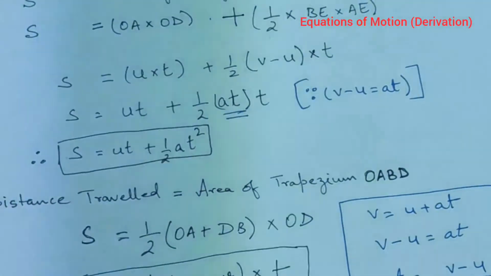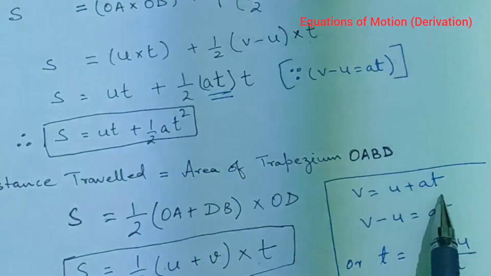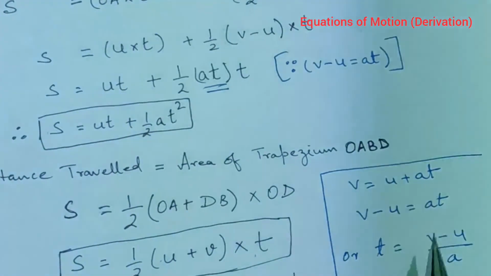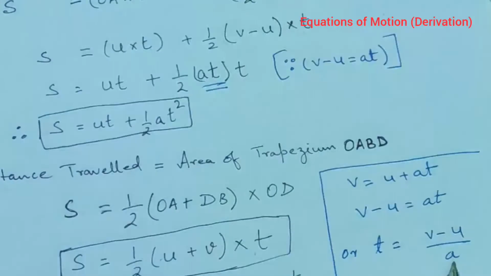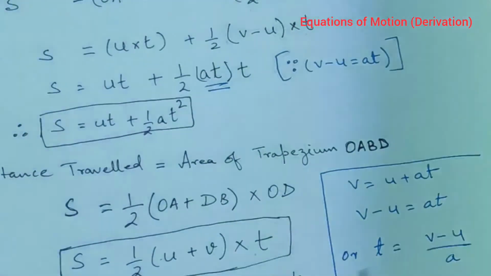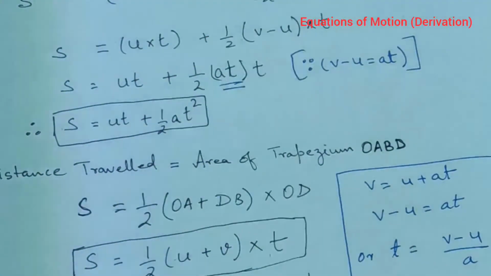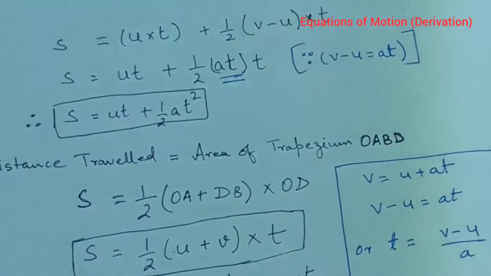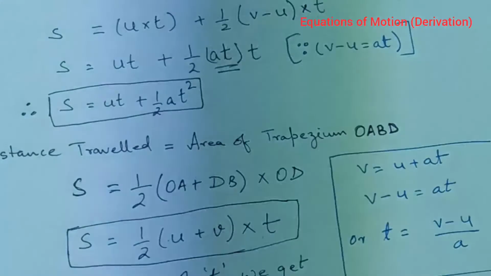Now we go back to the first equation, v is equal to u plus at, and from here we find the value of t, which comes out to be (v minus u) upon a. We substitute this value here. So using the value of t from equation 1, we get s is equal to half (u plus v) multiplied by, instead of t, (v minus u) upon a.